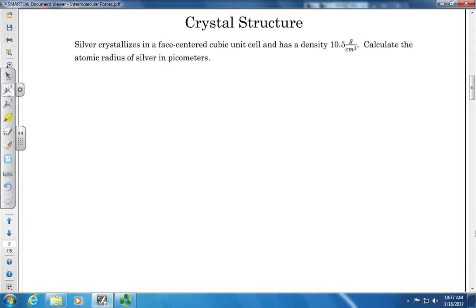What we need to get to is the atomic radius, and if you recall, we're going to call that R. So let's say R is equal to question mark.